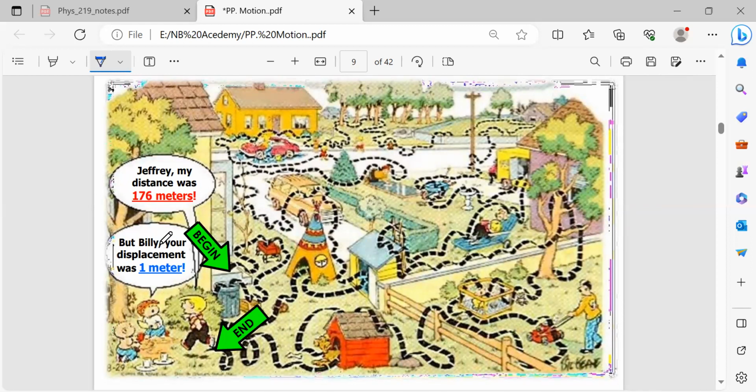But the displacement of the body is only 1 meter. Why 1 meter? It's only the length from the starting point directly to the ending point. But distance is the actual length, all the length covered by the object.